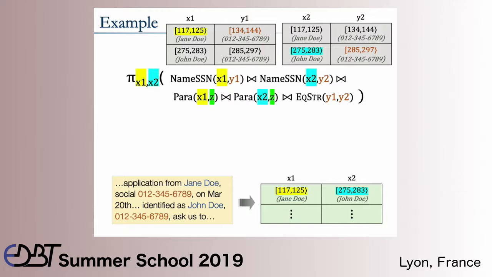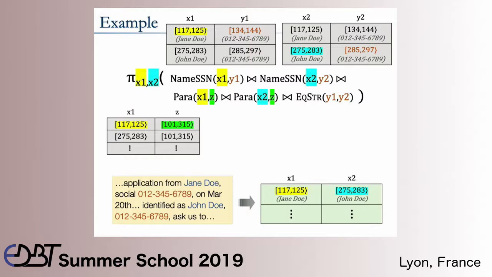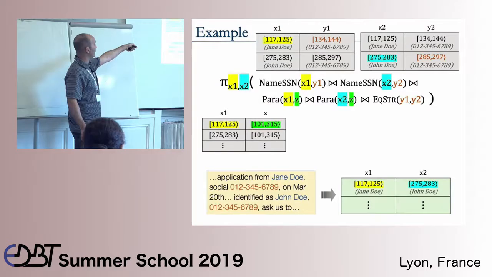And y1 and y2 are actually equal to each other. And then x1, like this one, and x2, which in this example is this part, John Doe, belong to the same paragraph. What does it mean? That x1 is in a paragraph C, and x2 is in a paragraph Z, and this is the same C, right?